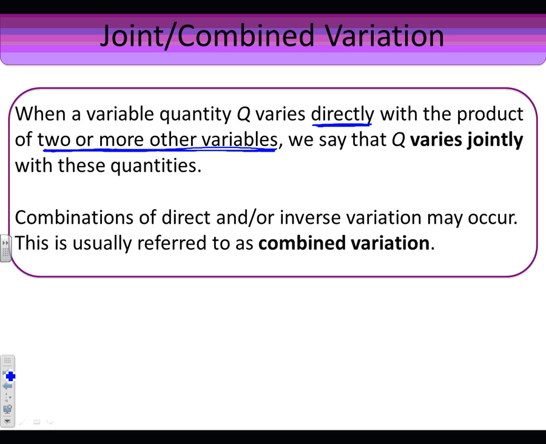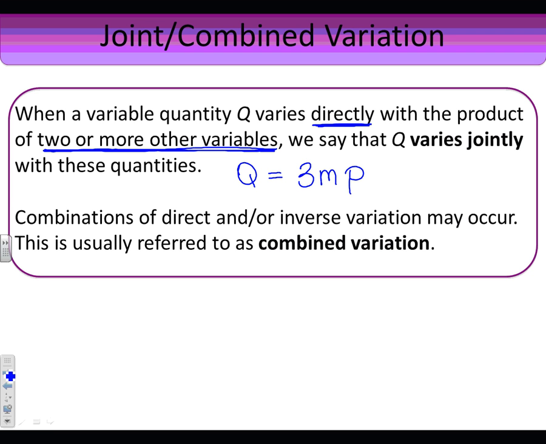So for example, you might have q equals k times m times p. Let's say our k is 3. Okay, so there's your constant of variation.